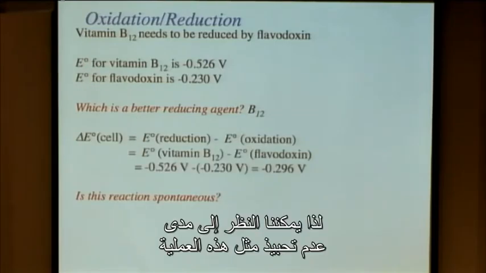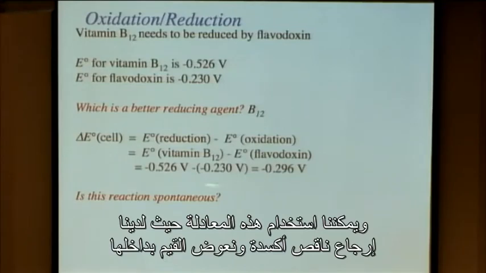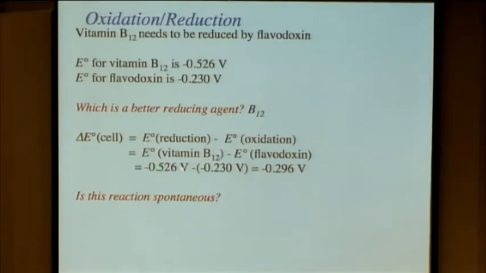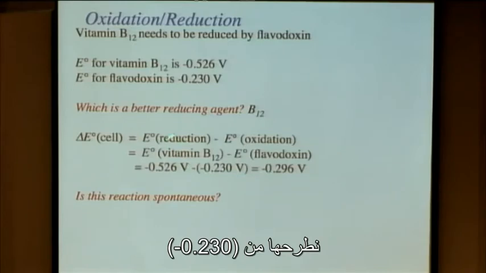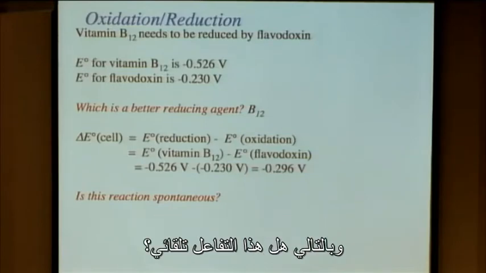So we can look at how unfavorable this process is, and we can calculate the standard potential for this. We can use this equation where we have reduction minus oxidation and plug the values in. So we have a minus 0.526 minus a minus of the flavodoxin potential, and that gives us a negative value for delta E. So is this reaction spontaneous?